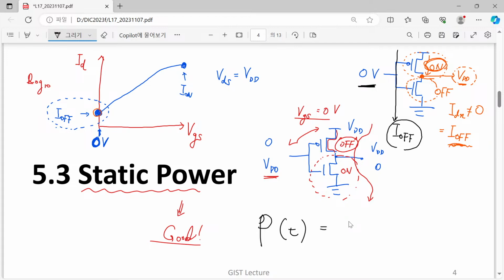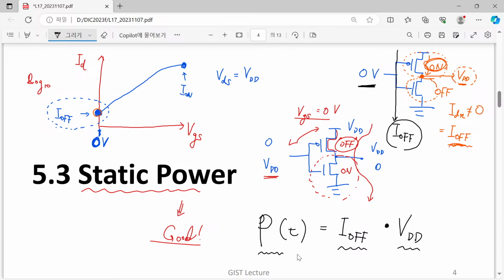Power dissipation is given by a product between current and voltage. The voltage is always VDD. That doesn't change. And how about the current? Current is the off current of, in this case, N MOSFET. This product just gives you the power consumption.